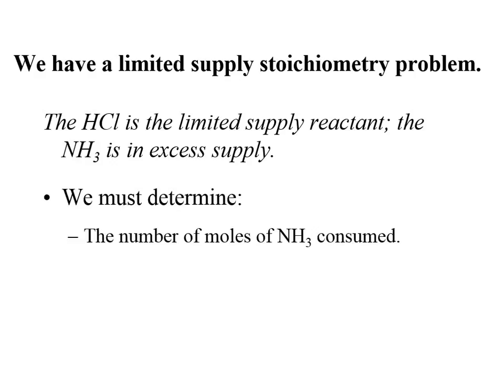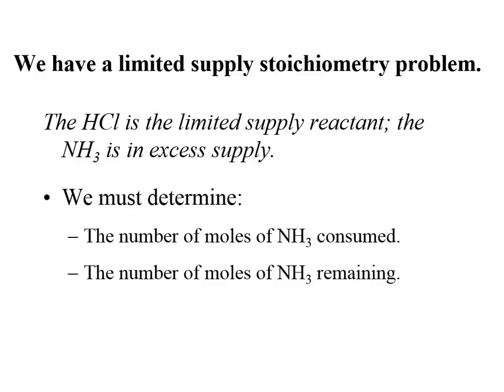So bottom line, we're going to use general chemistry 1 techniques to come up with the moles of NH3 that are consumed, must be consumed, and then we'll subtract what's consumed from what we started with to get the amount remaining.